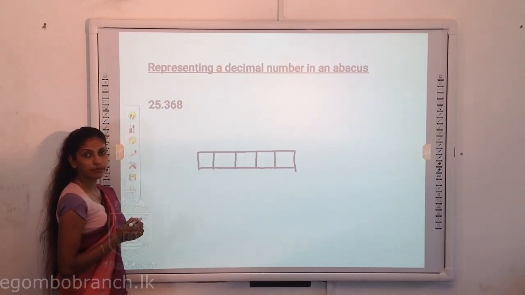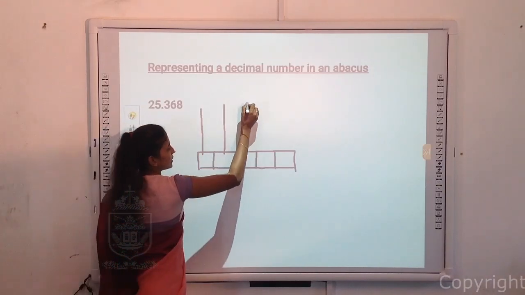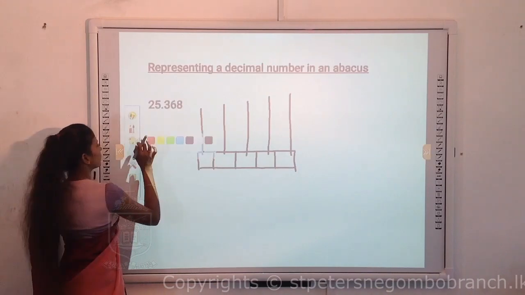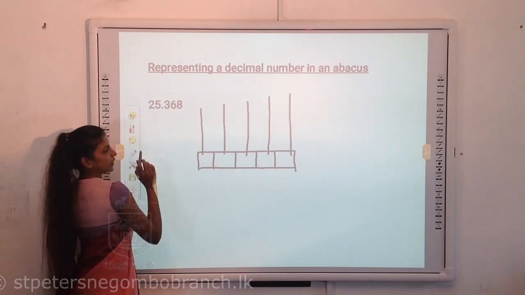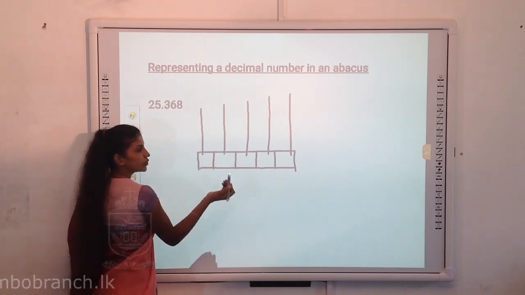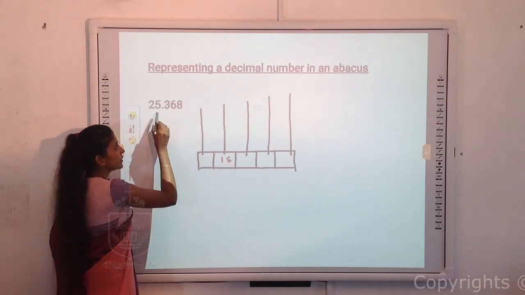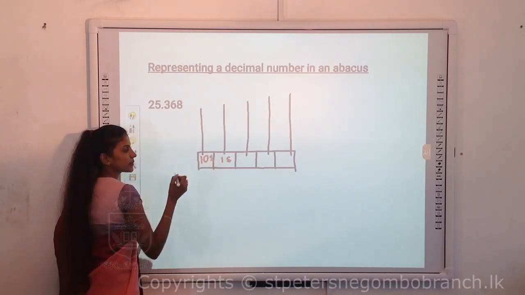So altogether there are 5. We can denote it like this. This is the ones place or units place, and this is the tens place. So I can write it like this, tens place.